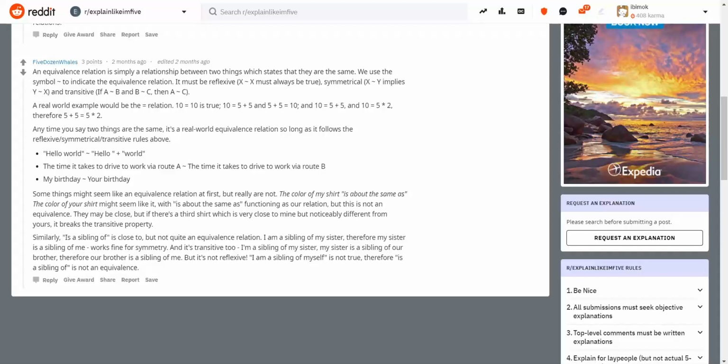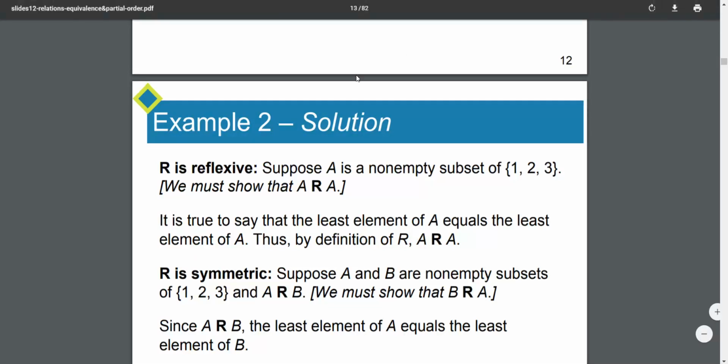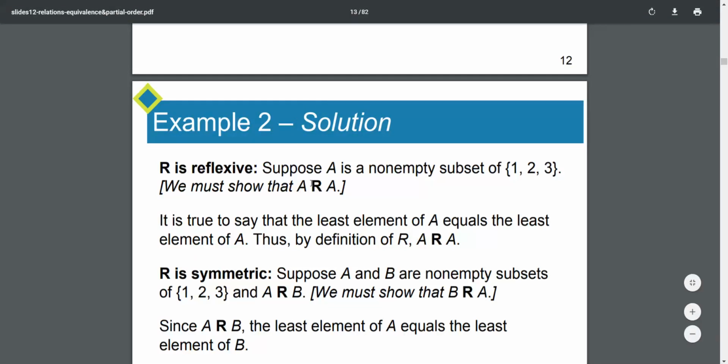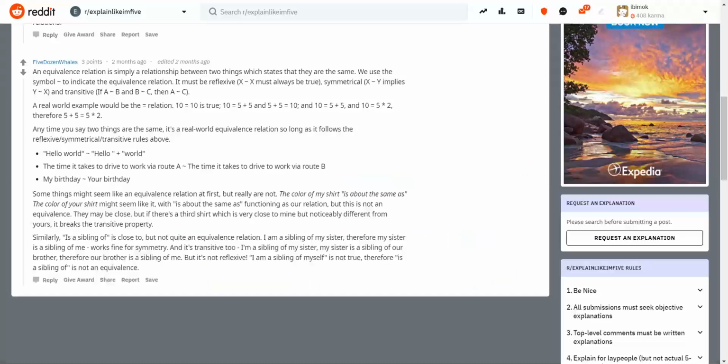But a reflexive relationship is when you say A has a relation with A. That's basically what reflexive means. So in this example, he's saying that it doesn't satisfy the reflexive property because you can't say I'm a sibling of myself. So that's the basic idea behind this.